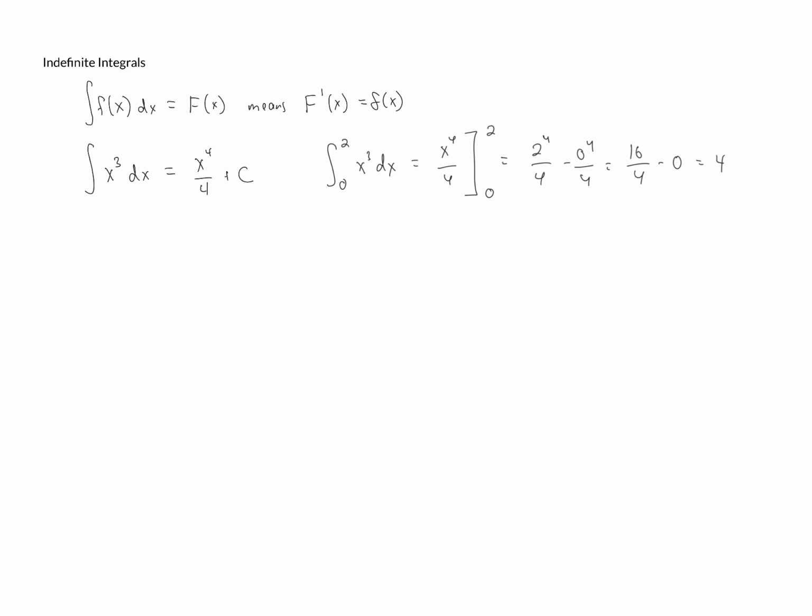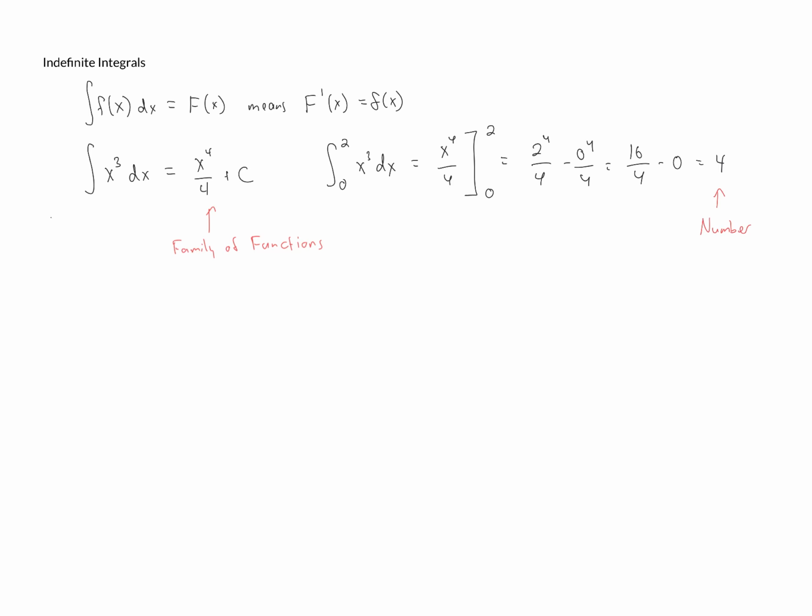So when we take a definite integral, the result is a number, and when we have an indefinite integral, the result is a family of functions. It's super important to understand that difference.